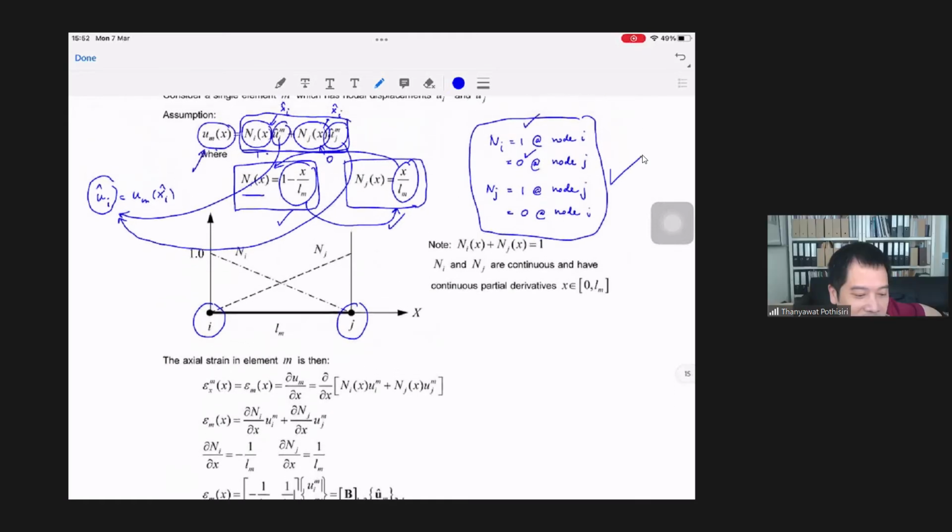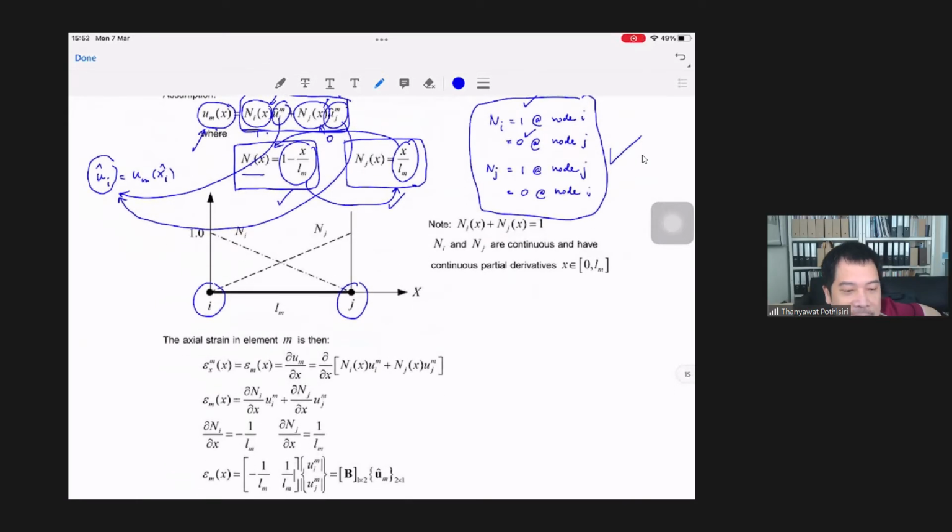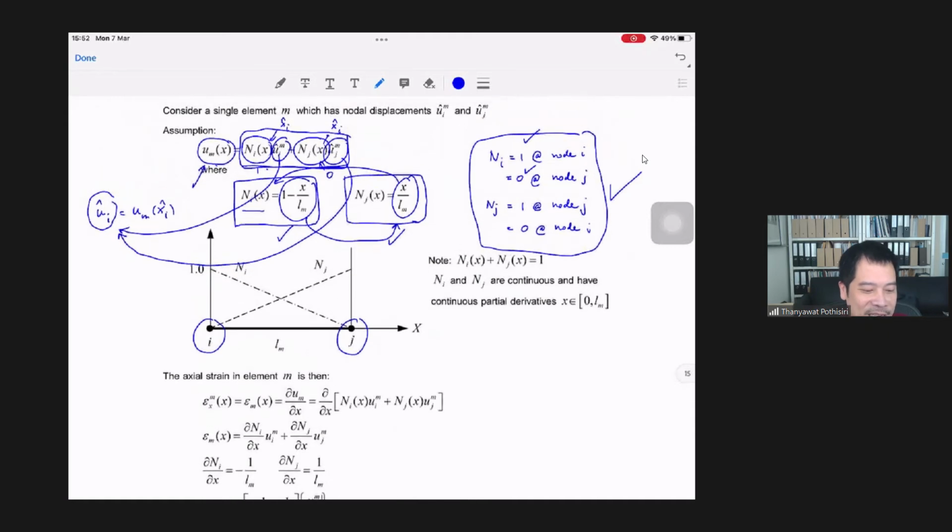Now the question on what type of function can be used here not only depends on the difficulty of the function, but essentially on the information that you have for the function itself.